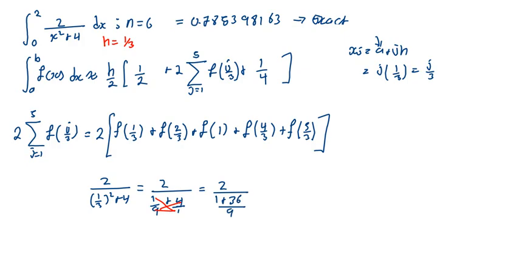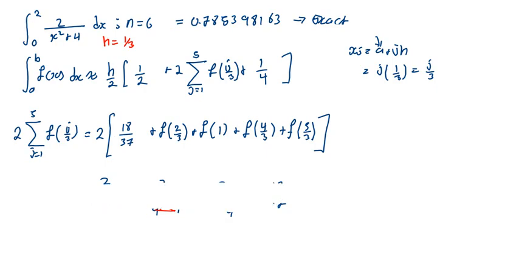Then you can multiply this 9 with the 2 up there. It's just something basic. So 2 by 9 is 18, divided by 36 plus 1, that's going to be 37. So for this part, f of 1 over 3 is simply 18 over 37.